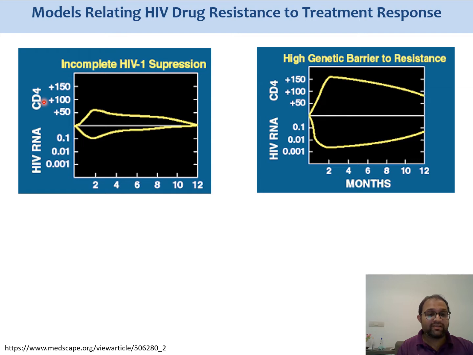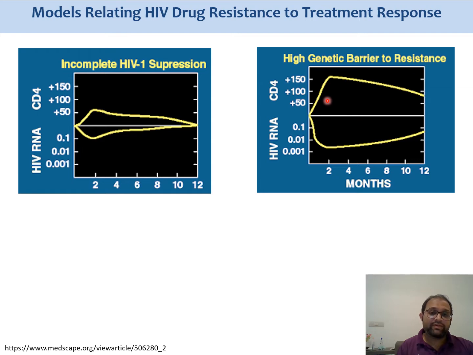So if you look at the CD4 count and the viral mRNA, you will see that because there is a low barrier to resistance, the CD4 count is expected to decline soon, and there will be incomplete viral RNA suppression. So there will be a continuous expression of viral RNA within the host.